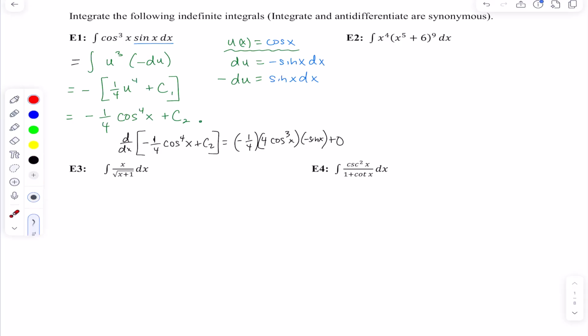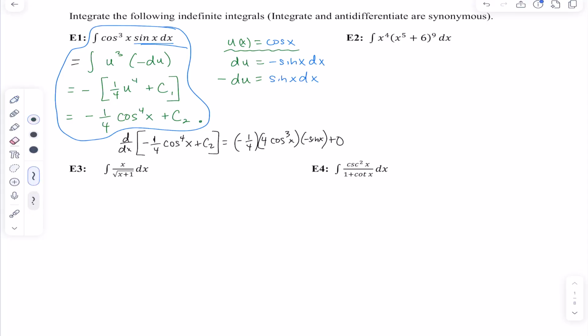And notice this derivative is in fact this function right there. So this checks. Once you realize you have checked your answer, you are more confident with your work and your U-substitution. I strongly advise you to check with differentiation.